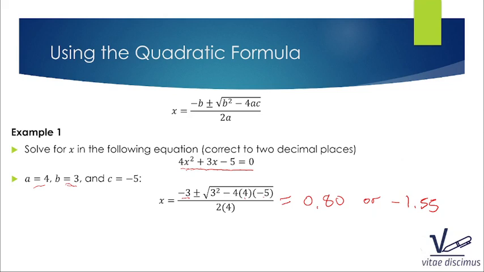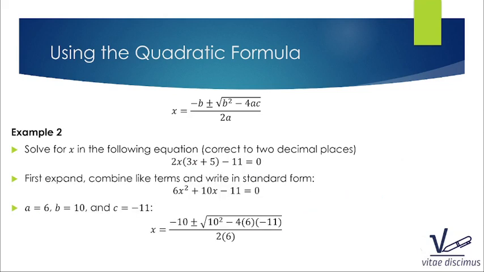Let's look at a second example now. Here we're solving for x in the following equation: 2x times the bracket 3x plus 5, minus 11. You can see that this is not in standard form. So the first thing you want to do is to expand, combine like terms, and write in standard form.